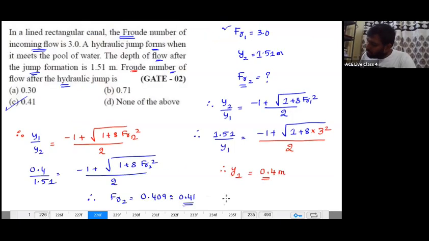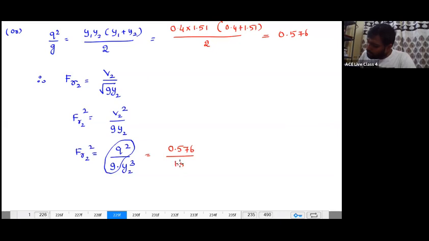Y2 is given as 1.51, whole cube. So this is going to be 0.167, but I want FR2, right? So FR2 means square root of 0.167, which is equals to 0.409. So you can take it as 0.4.